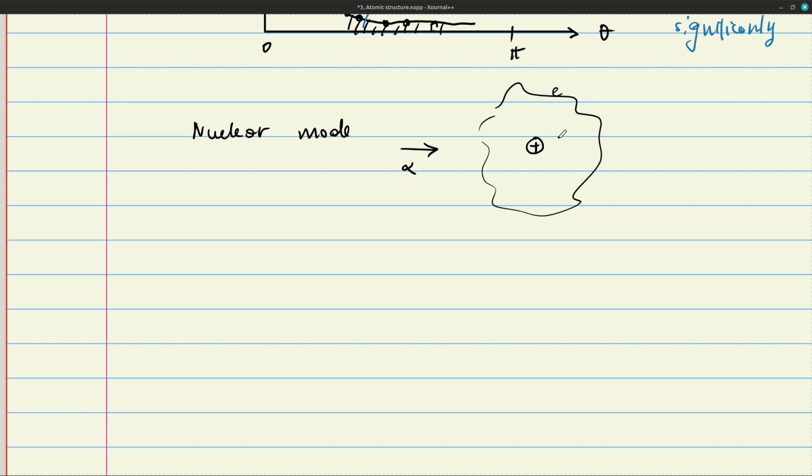The only thing that matters is the ions, and you can model the interaction of ion and alpha particle with the Coulomb interaction, which is 1 over 4 pi epsilon naught times the charge of the alpha particle, 2e, times Ze, the charge of the ion. For example, for gold, Z is equal to 79, and you divide this entire thing by r squared.